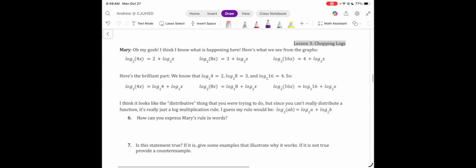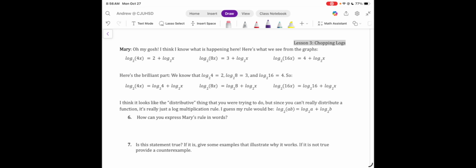Mary says, next page. Oh my gosh, I think I know what's happening here. Here's what we see from the graphs. And she picks up on that right away. 2, 3, 4 comes from 4, 8, 16. Here's the brilliant part. We know that log base 2 of 4 is 2.